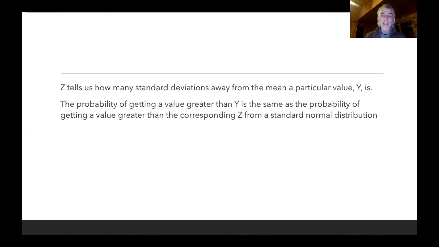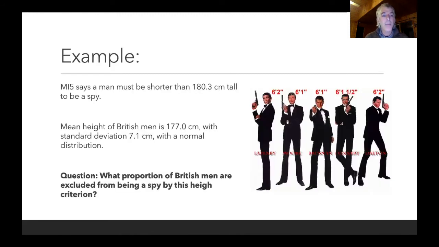So by this, I simply mean that the probability of observing a particular value doesn't change when we change from the original scale of the observations to this new z-score from a standard normal distribution. But in many cases, we find it easier to perform some of our calculations when we convert to this standard normal distribution. So let's work through an example then.